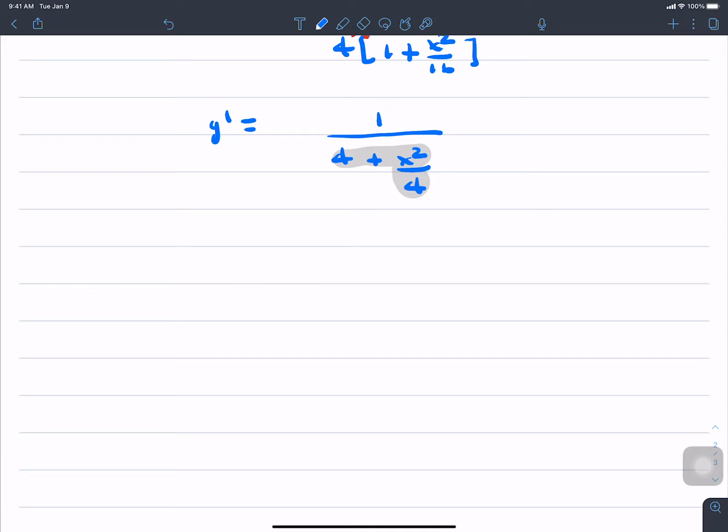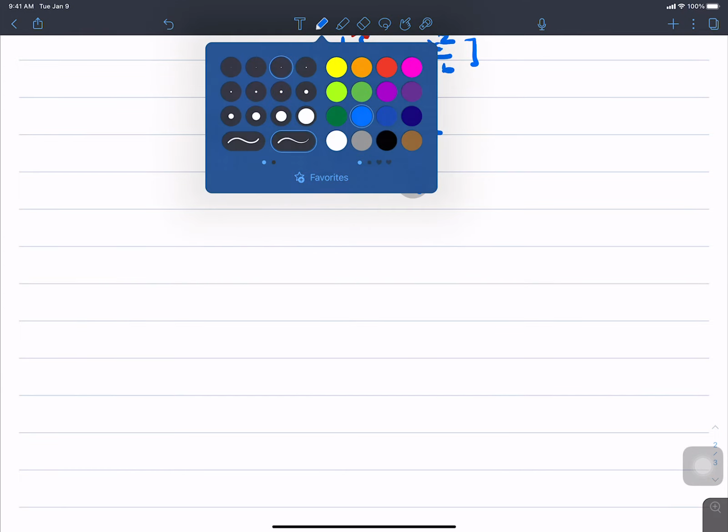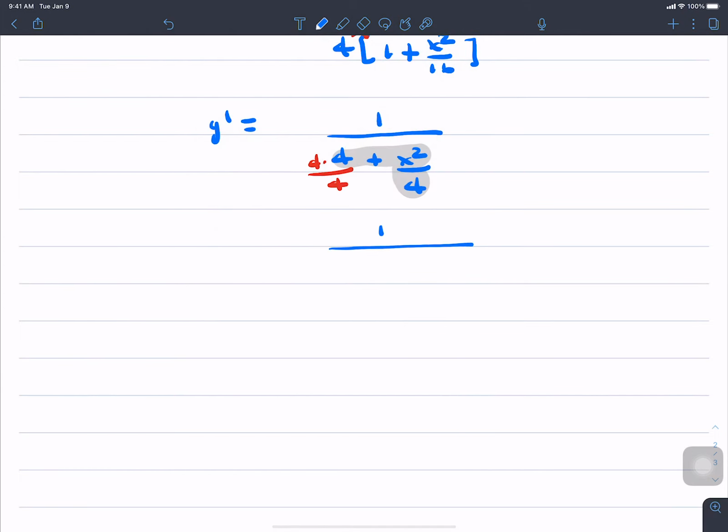This really means you have, let's simplify the denominator. Let's add 4 to x squared over 4, meaning we're going to multiply 4, divide by 4. So you'll have 1 over 16 over 4 plus x squared over 4, and that gives you 1 over 16 plus x squared over 4.